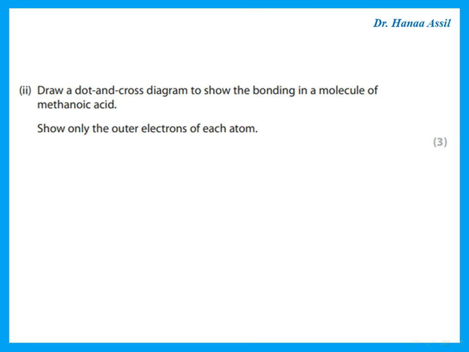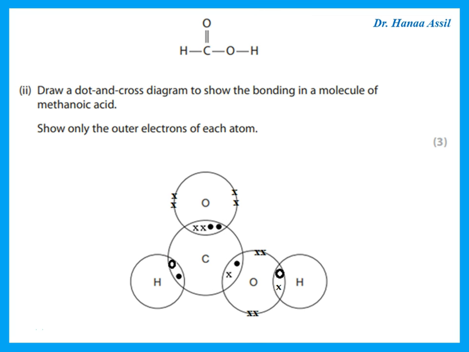Draw a dot and cross diagram to show the bonding in a molecule of methanoic acid. So how do we draw a dot and cross diagram for this molecule? Remember that hydrogen has 1 electron, it needs 1 from the carbon. Oxygen needs 2 electrons from the neighboring atom in order to have a total of 8.